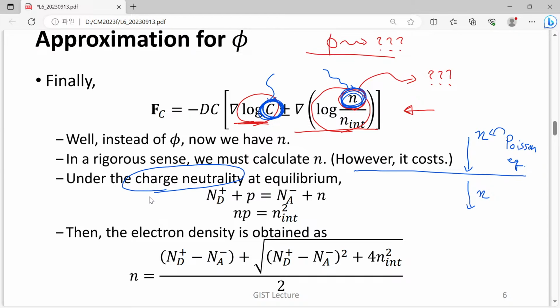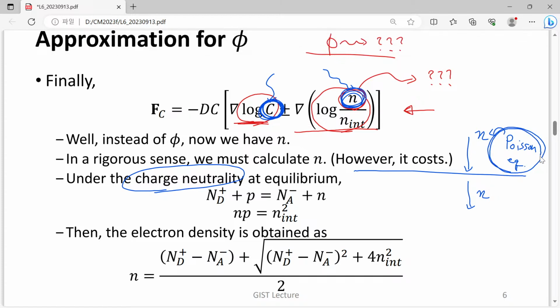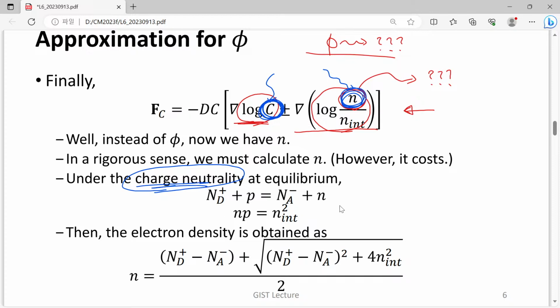Because it accelerates your simulation. And you also have another, slower option, like solving the Poisson equation rigorously. Both of them are available and both of them are actually used in realistic cases. So once you accept the limitation of this charge neutrality, I will start the discussion on it.